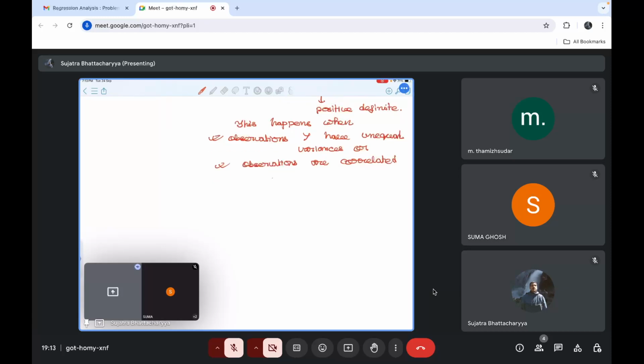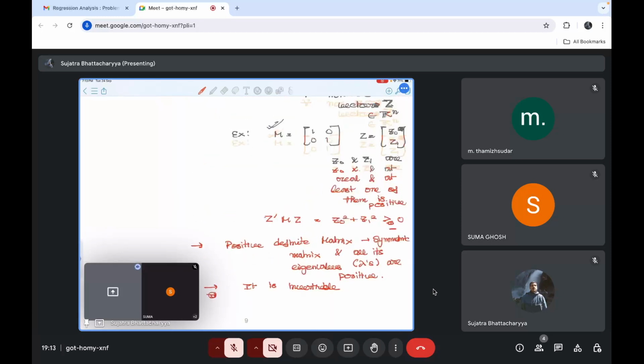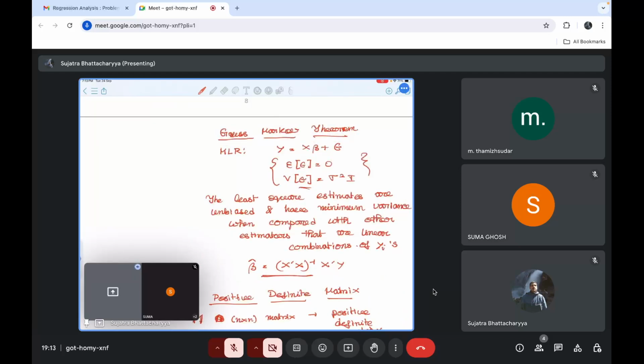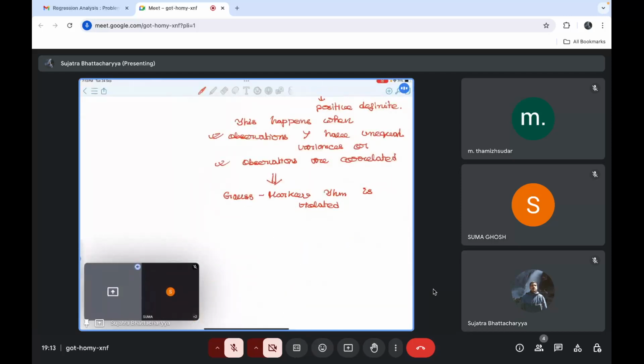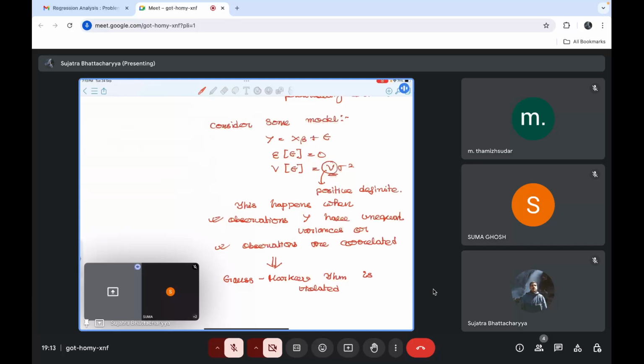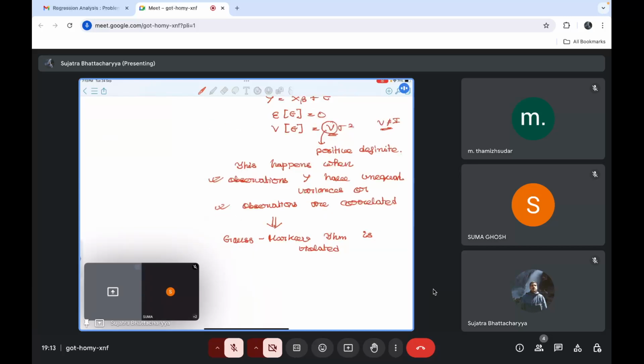In this case, the Gauss-Markov theorem is violated, because the theorem starts with the identity matrix. V can be a positive definite matrix, no doubt about that, but here V will not be equal to I. That is the difference.